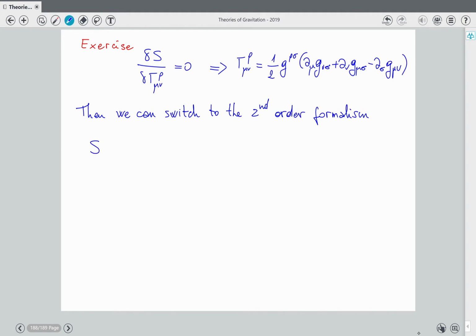So we can define the Hilbert action as a functional of g only by taking that action and replacing Γ with the solution of its own field equation. And this is what you normally work with, I think.